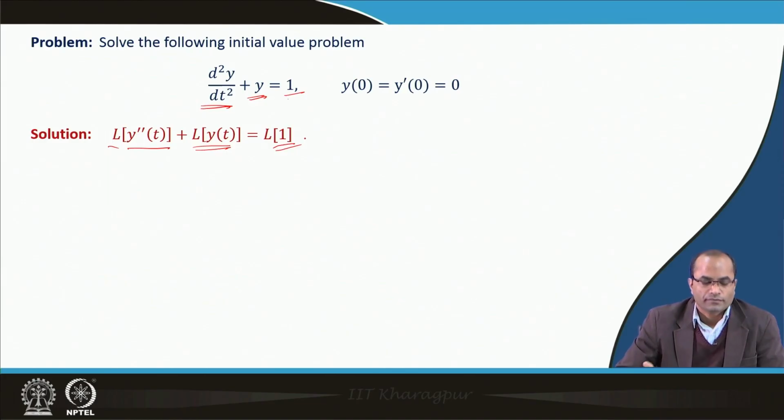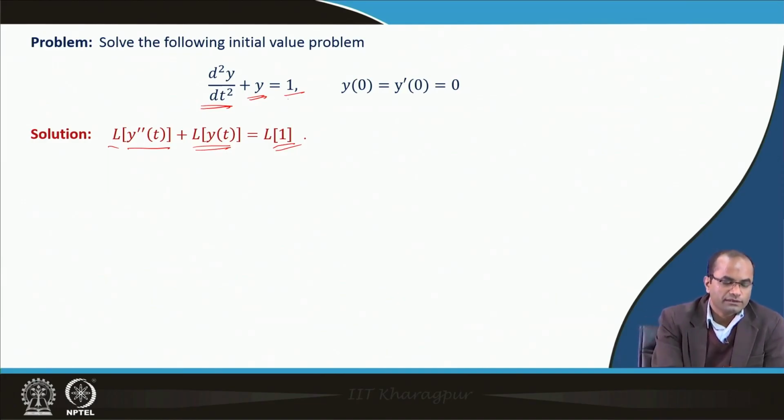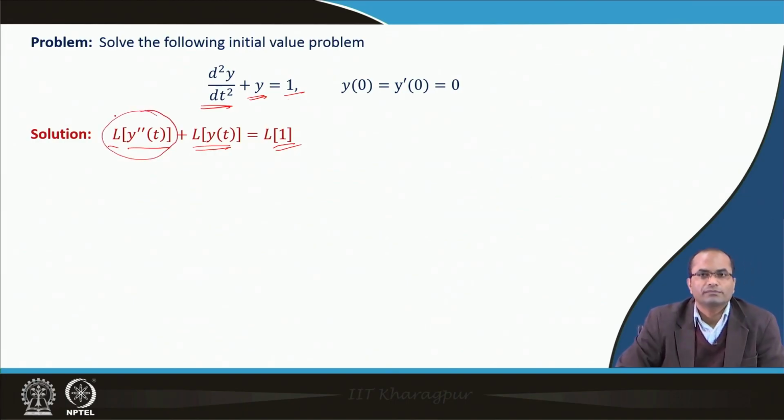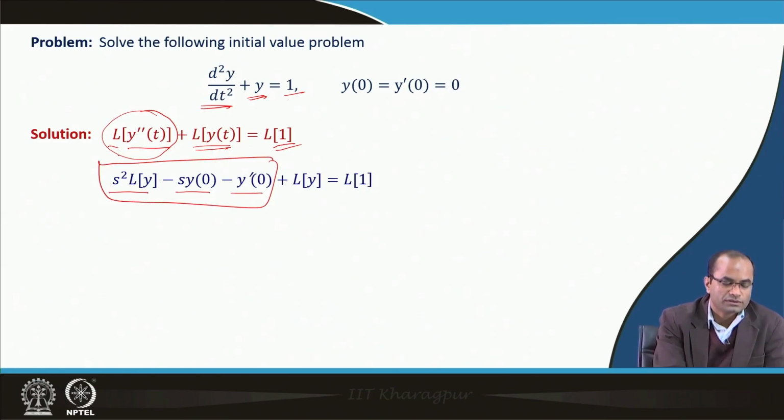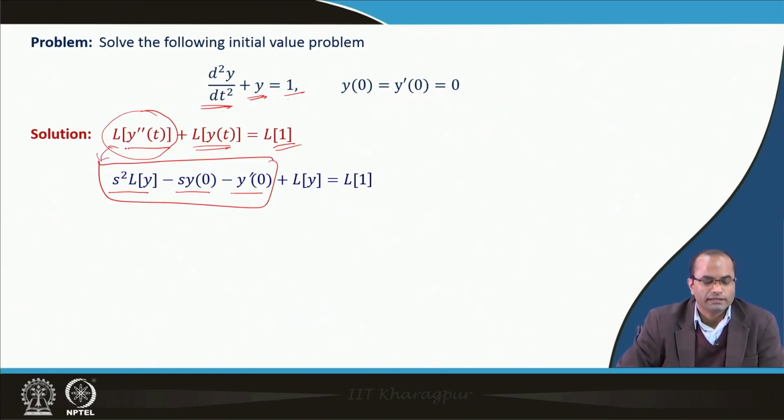In each problem we will use it. The second one, now we have to use this Laplace of y double prime, that means the derivative theorem, to remove these derivatives. So, we have this derivative theorem that s square L y minus s y 0 minus y prime 0 is exactly the Laplace transform of y double prime.